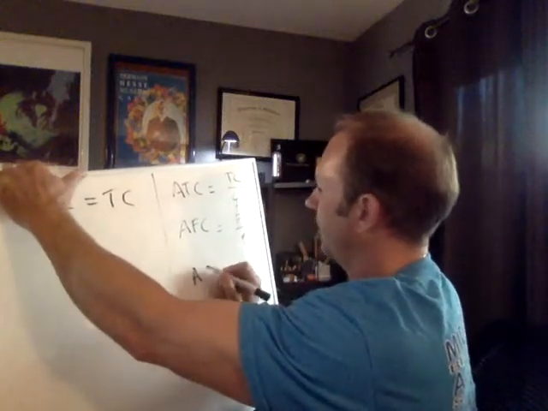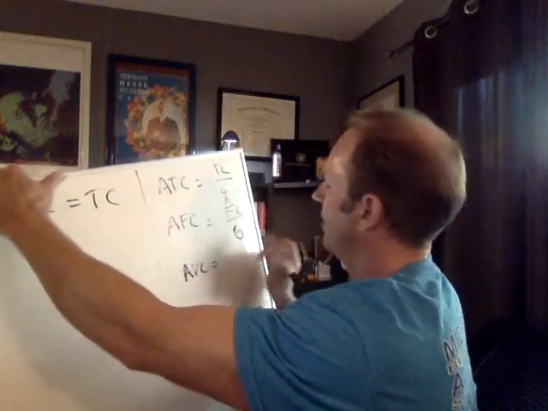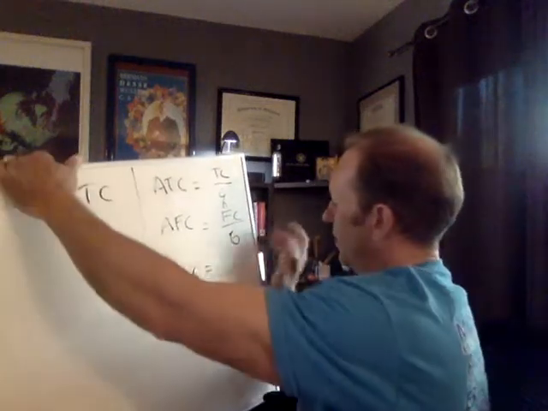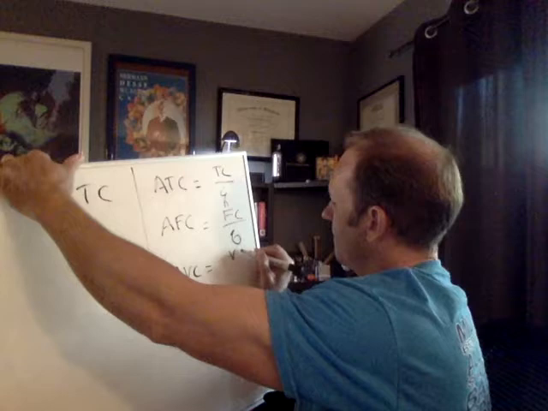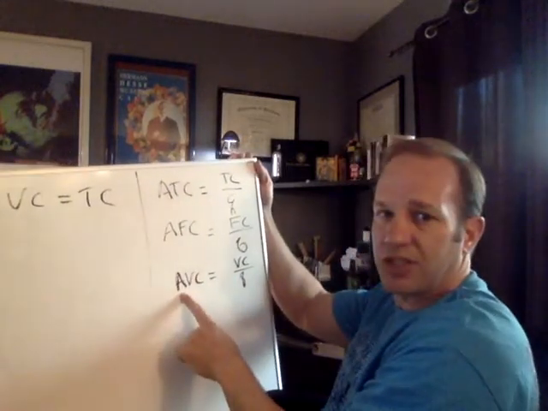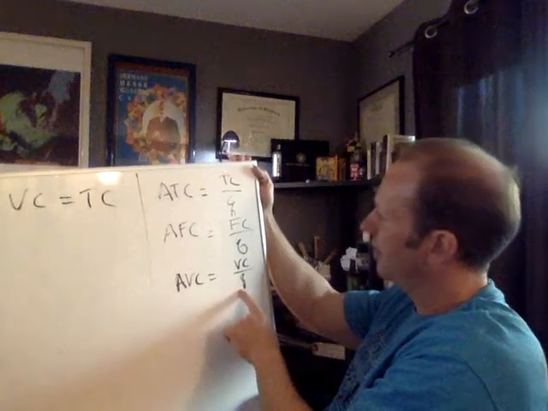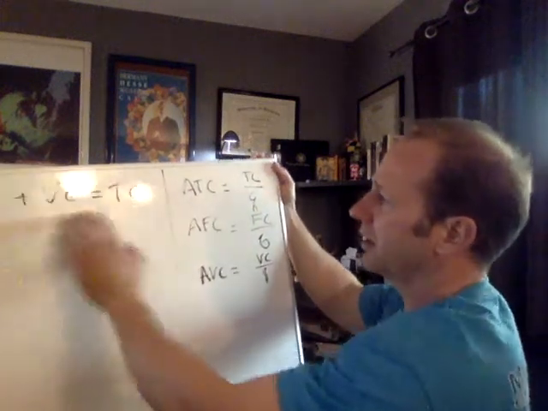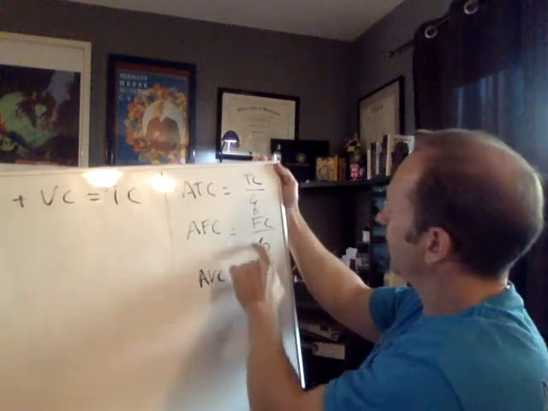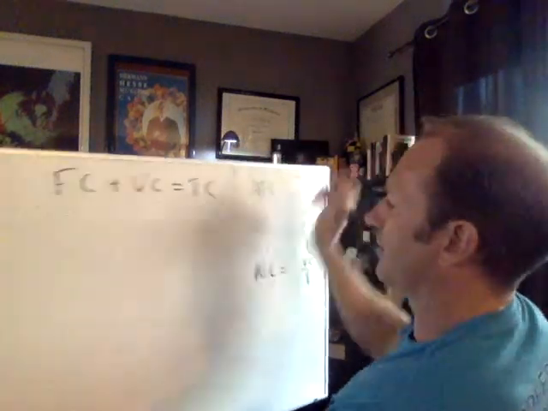Average variable cost is, well, variable cost is what I'm looking for, so that's what's on the top, and quantity is on the bottom of everything. That's what average is telling me as well, that quantity is on the bottom. Well, look at this relationship and look what I wrote here vertically. Q is on the bottom of all three things.